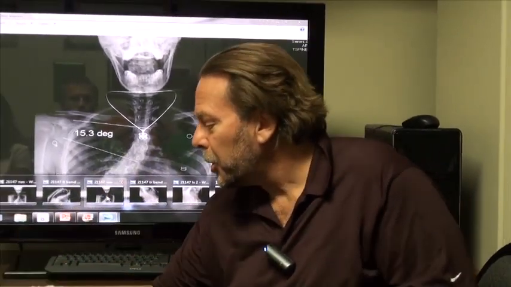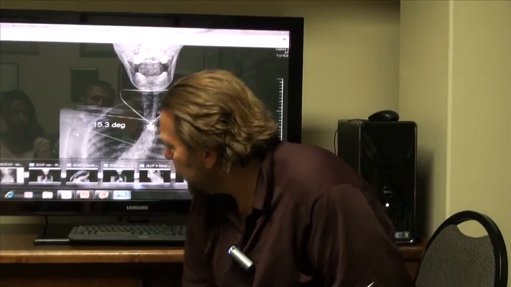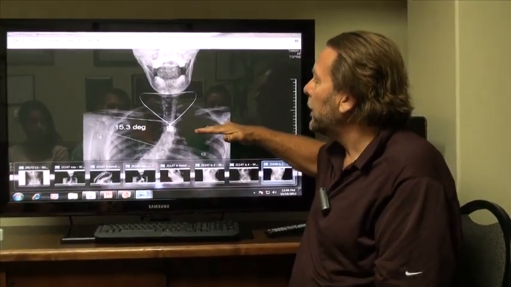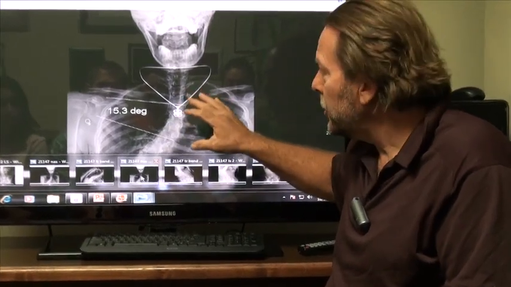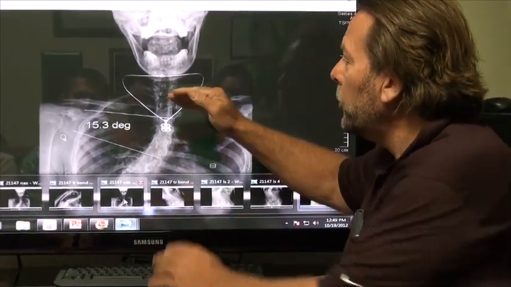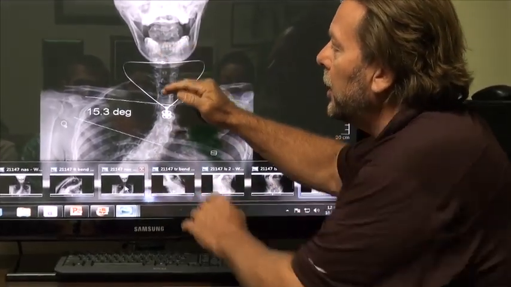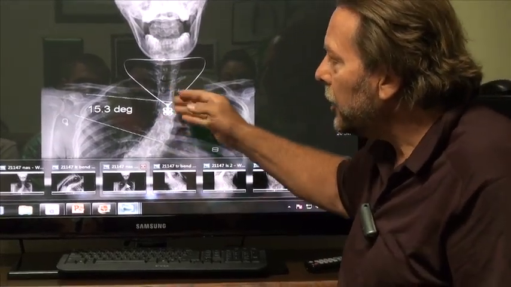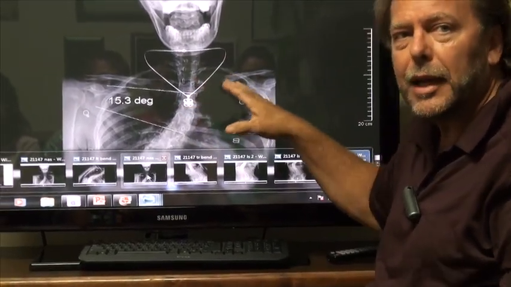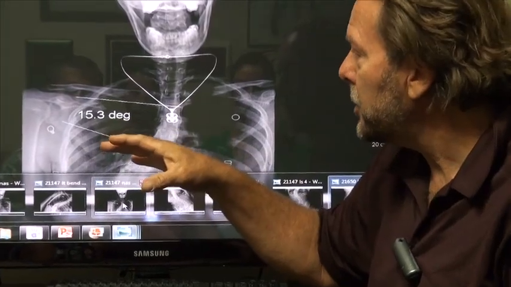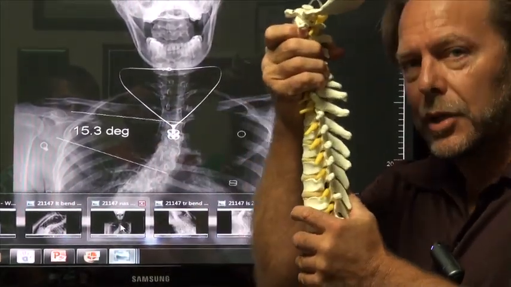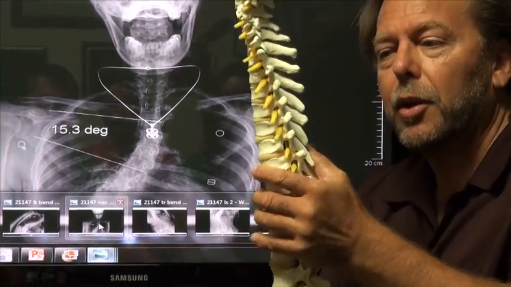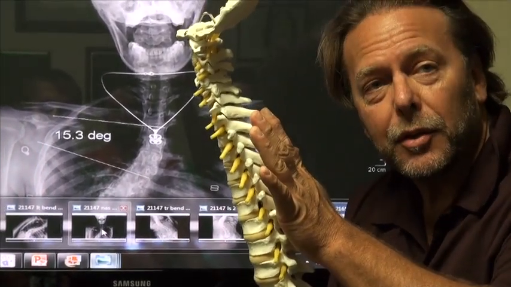Now, the tough part with this one is you can't put a towel here for her exercise. So we're going to do the same adjustment pattern where we're going to distract this. But what we want to do is increase the kyphosis, because remember, what happens with scoliotic patients is not only are they missing the lordotic curves, they're also missing the kyphotic curves.